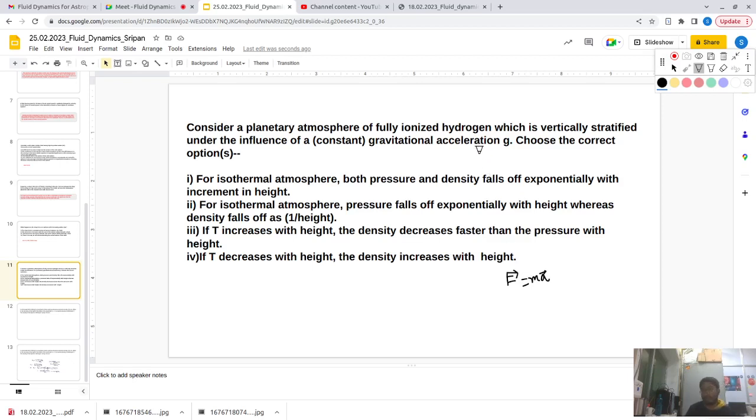Again, whenever we are doing some calculation for the sake of simple things, what we do is we consider the steady or equilibrium states. Now if we consider the steady or equilibrium state, the change in the velocity should be zero. There should not be any acceleration. So the forces acting in the entire atmosphere should be balancing each other. Now here we don't consider the effect of viscosity initially.